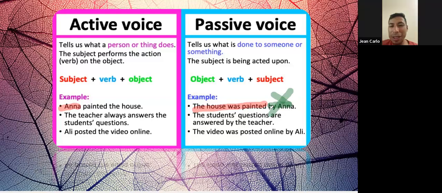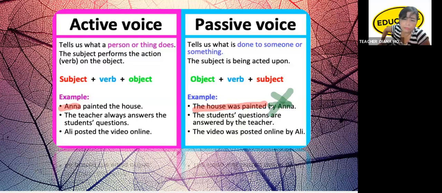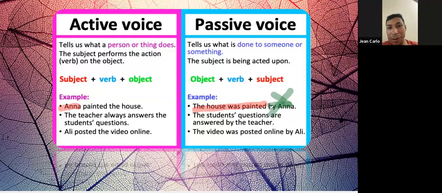Sorry, teacher, I didn't get this part. Can we use "by" like a connector or no? Well, it could be, but it's additional information, unnecessary information in this case.